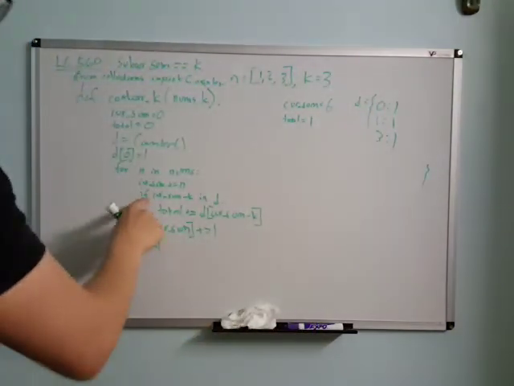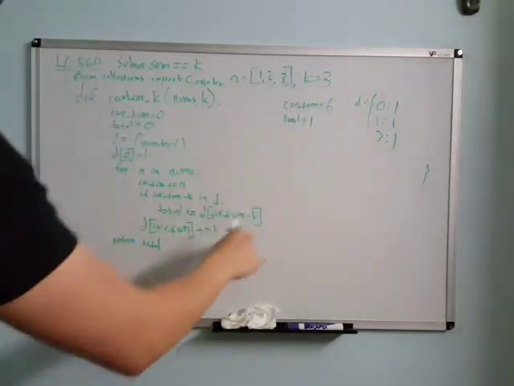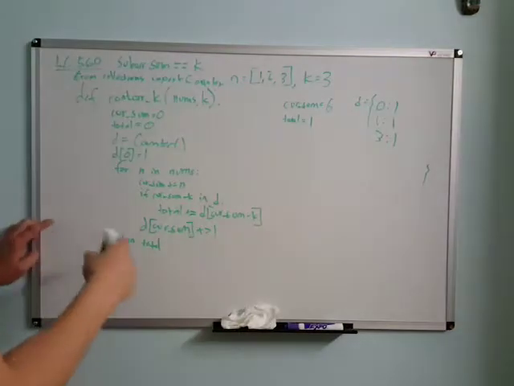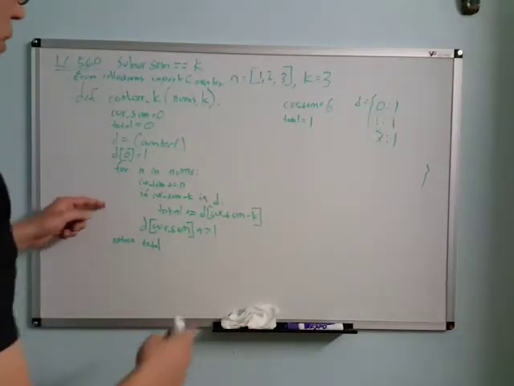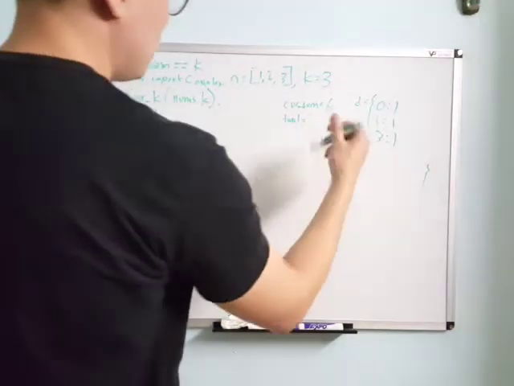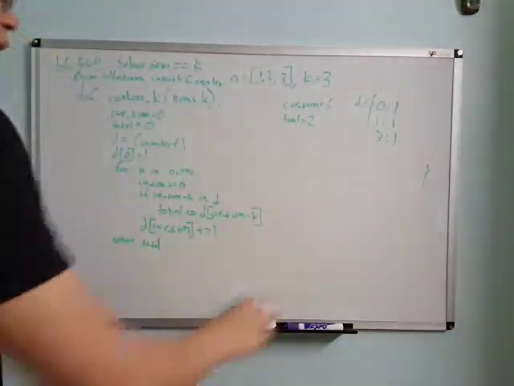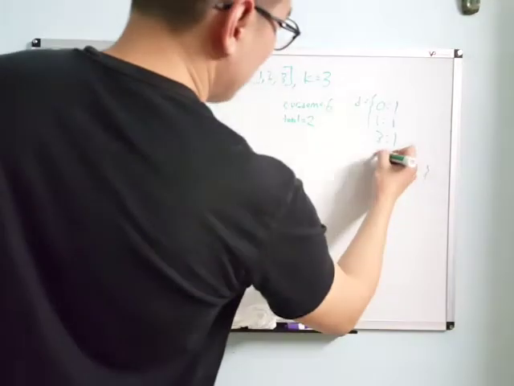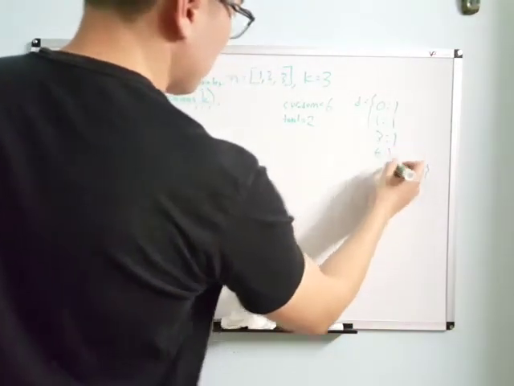If cursum minus k, 6 minus 3 in D, well, what do you know? It is there, because we just added it before. And now we add 1 to our total, again equal to the amount of that value. And then we set that cursum equal to 1.